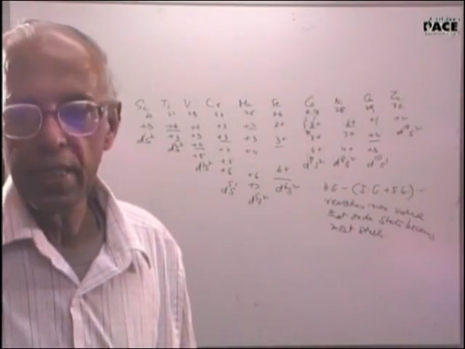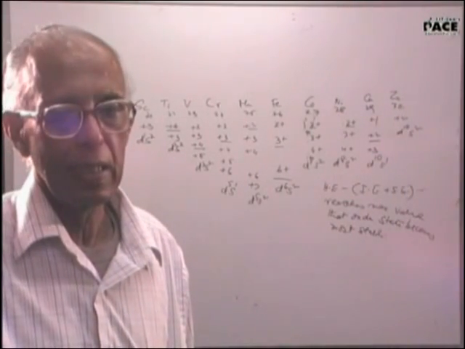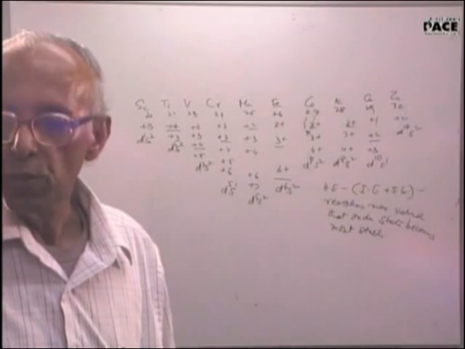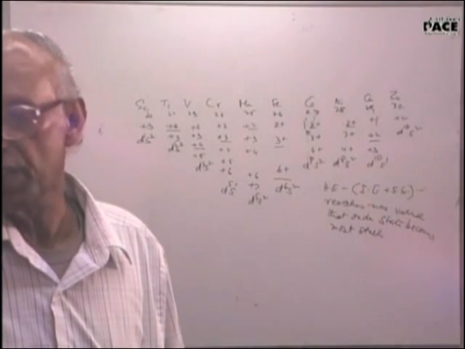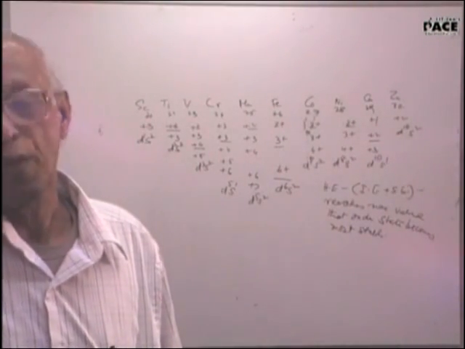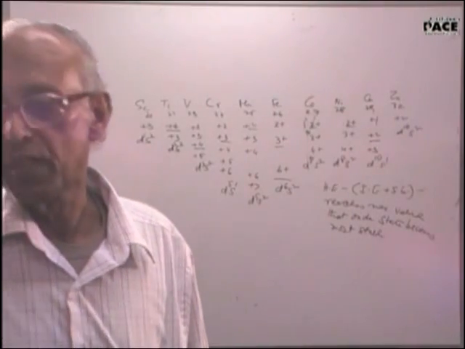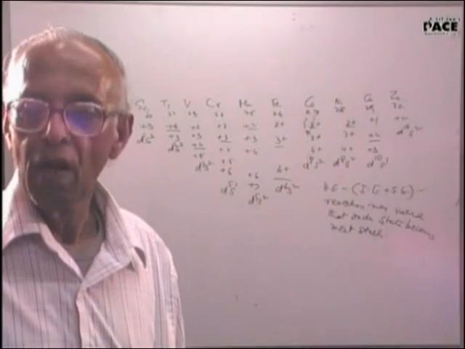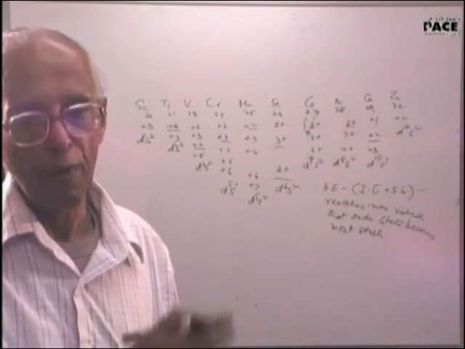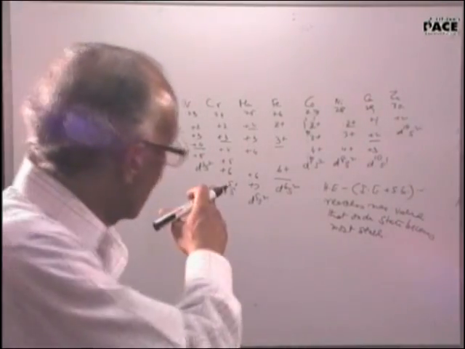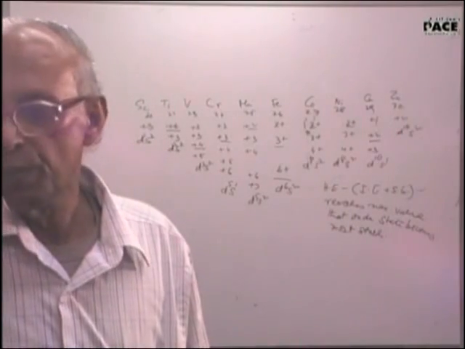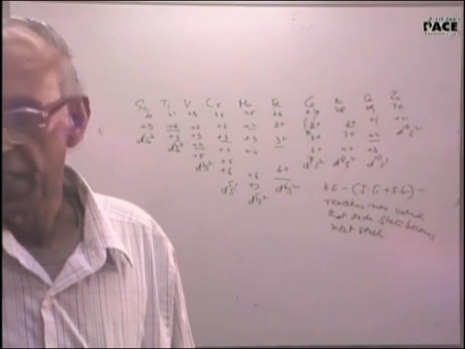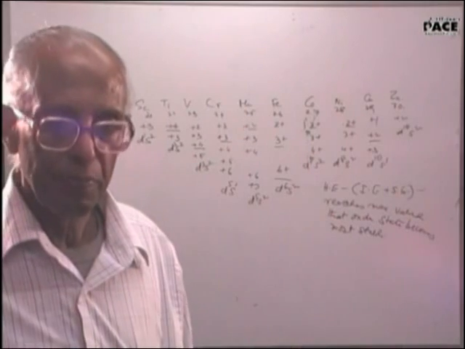This condition is to be satisfied to explain the most stable oxidation state. For all metals, whether it's a representative metal, a transition metal, or an inner transition metal, this equation will hold good.